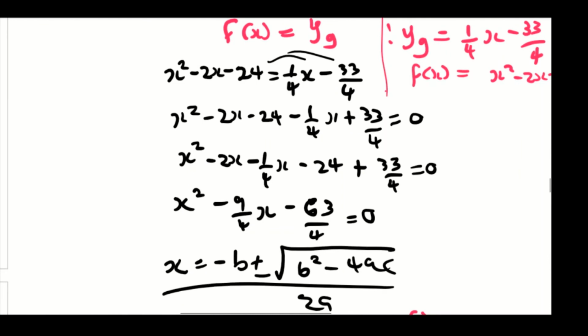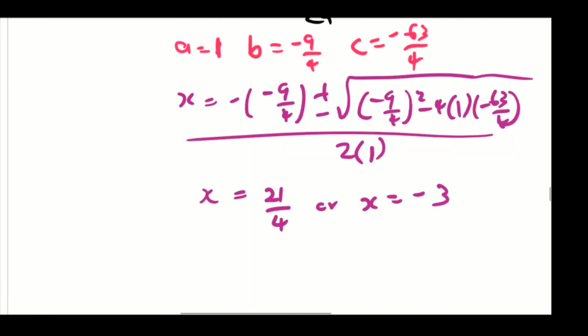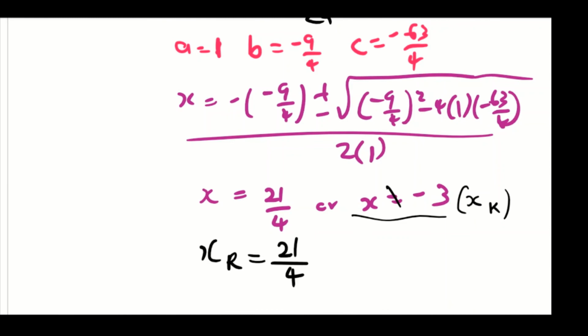But we're not looking for that, we're looking for the x value of R. So meaning this is not going to be the answer because it's the x value of K, right? So the x value of R is equal to 21 over 4. So that is our final answer for this problem here.